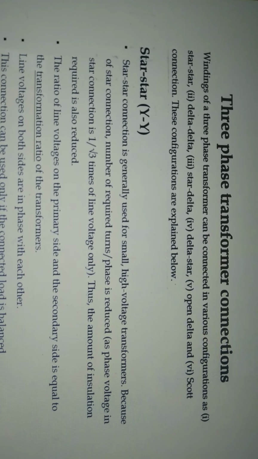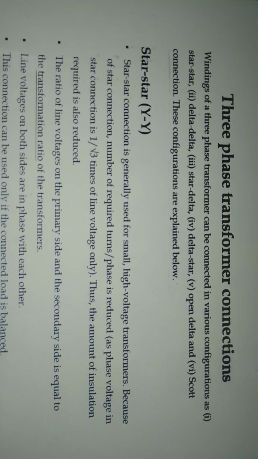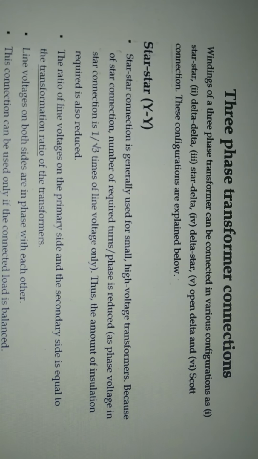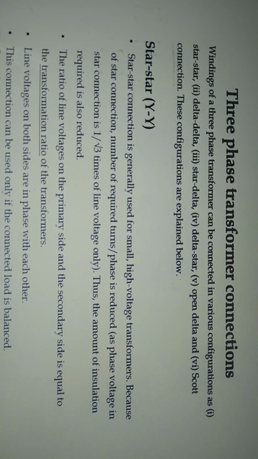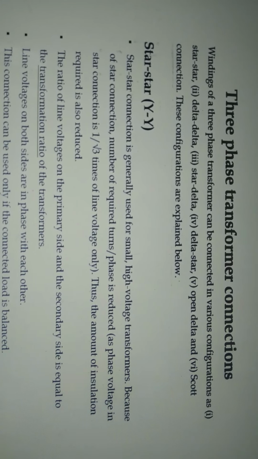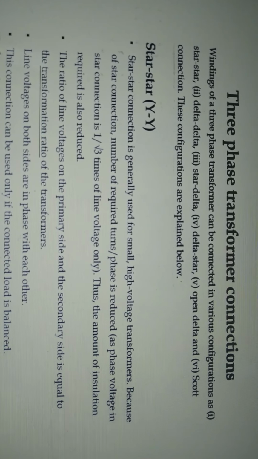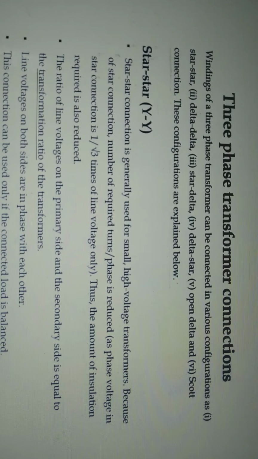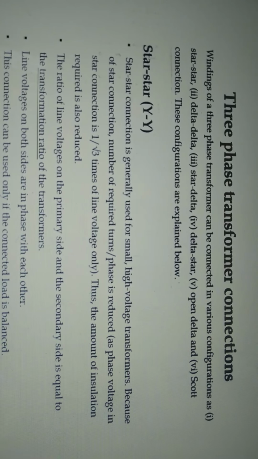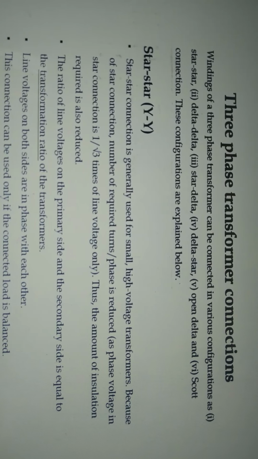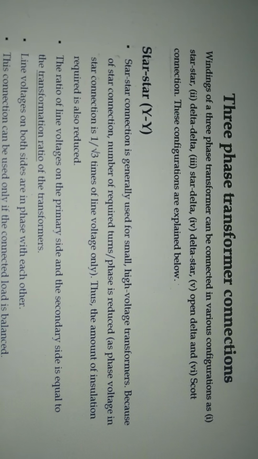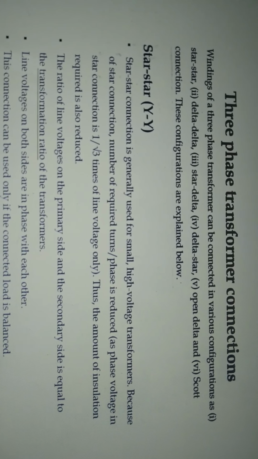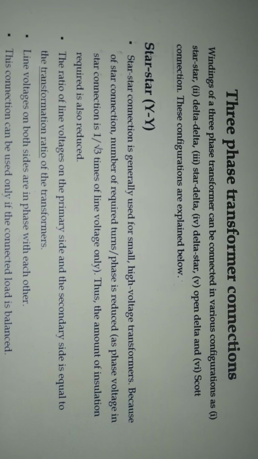The same connections we are going to use for three-phase transformer connections for different applications, based on the requirement of the application. Generally, there exist 6 types of connections for the three-phase transformer. First one is star to star, second one is delta to delta, third one is star to delta, fourth one delta to star.